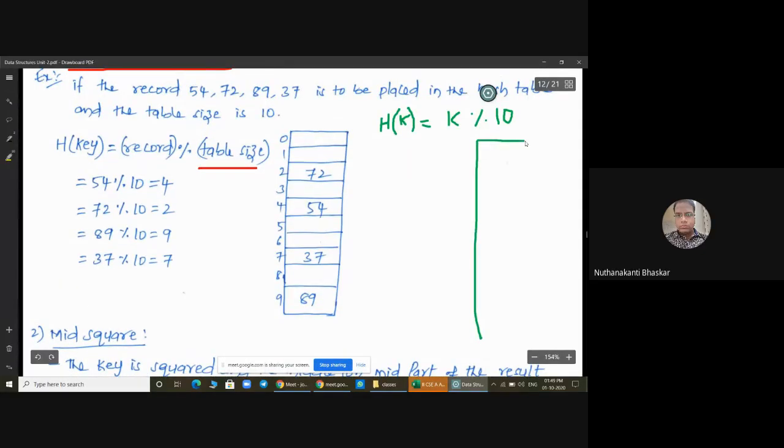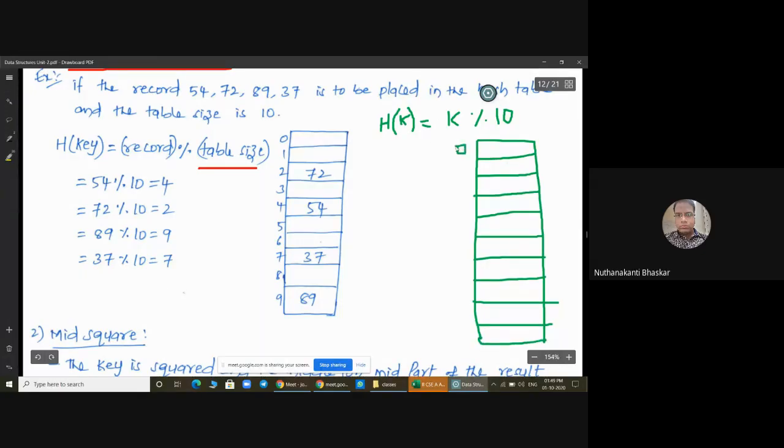The hash table size must be 10. Indexes 0, 1, 2, 3, 4, 5, 6, 7, 8, 9.